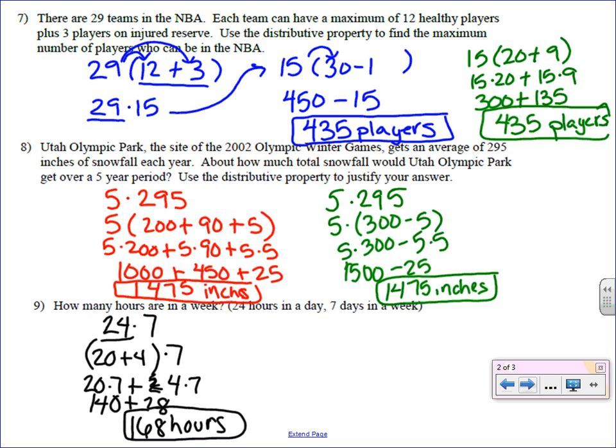Another way that you could have done this problem is to work with the 24 being a 25. So we could have 7 times 24. Think of it as 7 times 25 minus 1. 7 times 25, well, there's 4 25s in 100, so it must be 175.